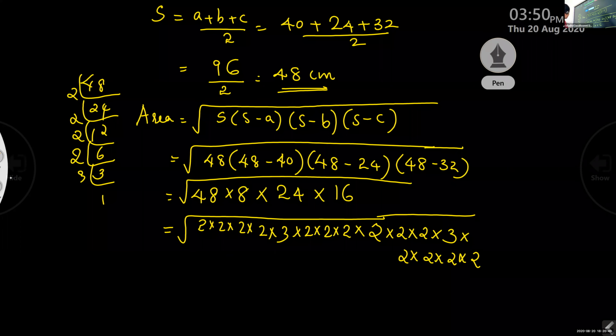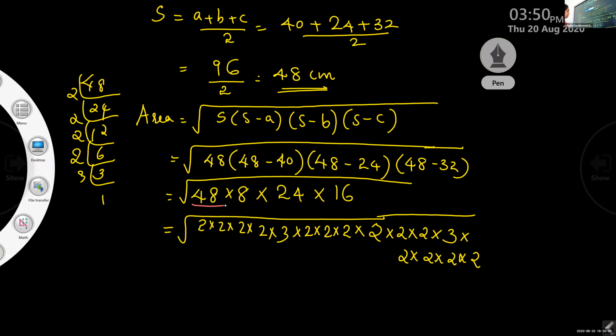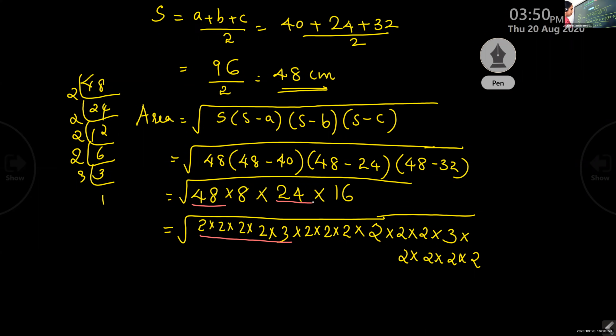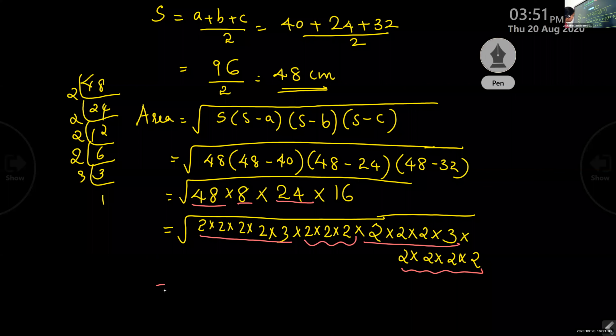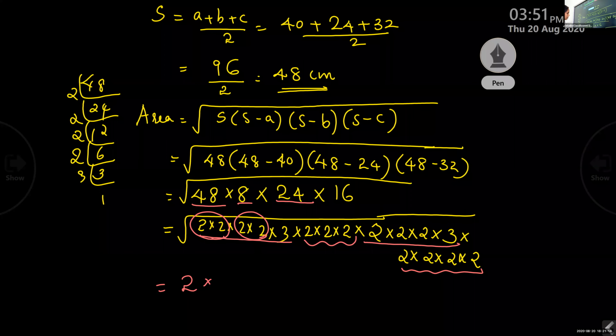One minute. 48 is this, 24 is this, 8 is this, 24 is this, and 16 is this. Okay. So from the first, 2 has come. From here also again 2.